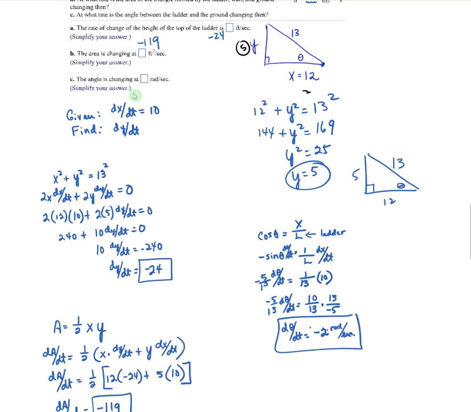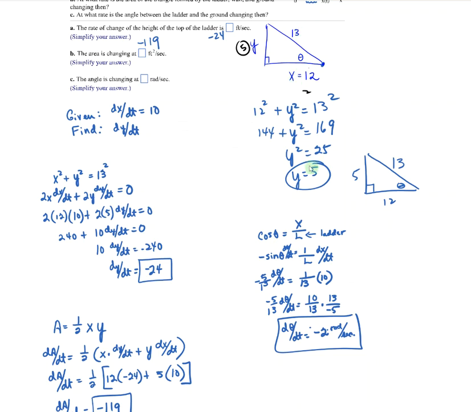The angle is changing at what rate, in radians per second? So I think the easiest way is to think about, here's theta, here is 12. But the cosine of theta is equal to x over the ladder, adjacent over hypotenuse.